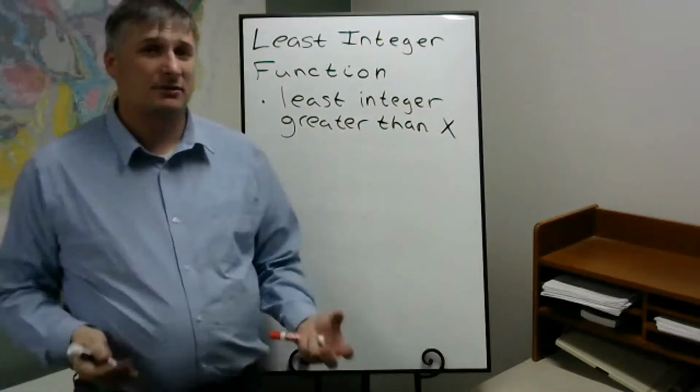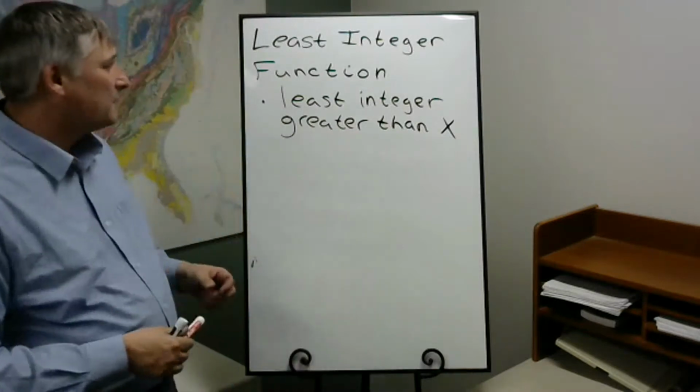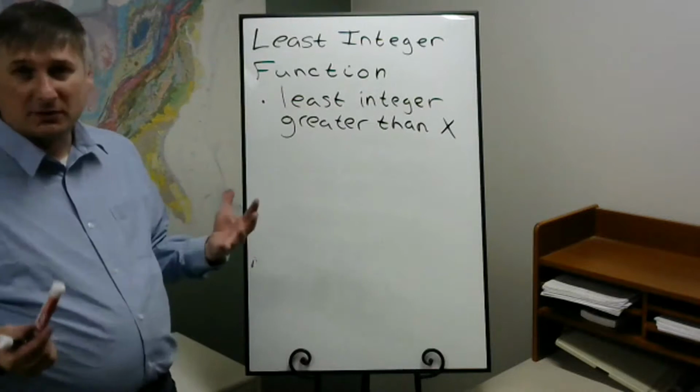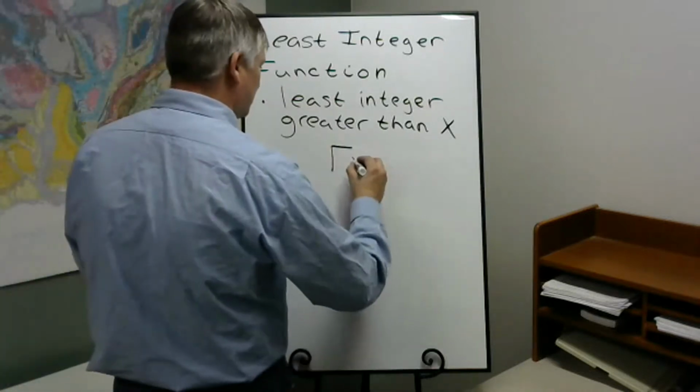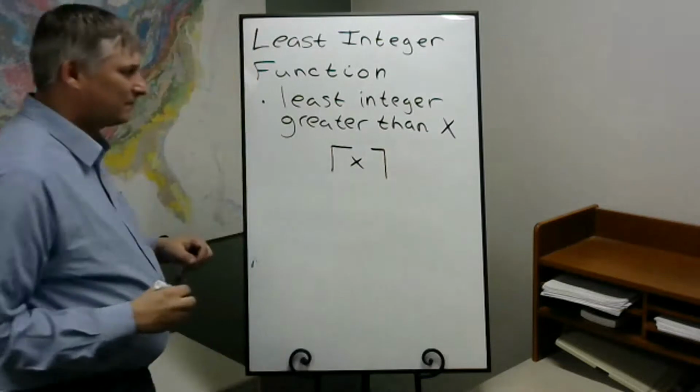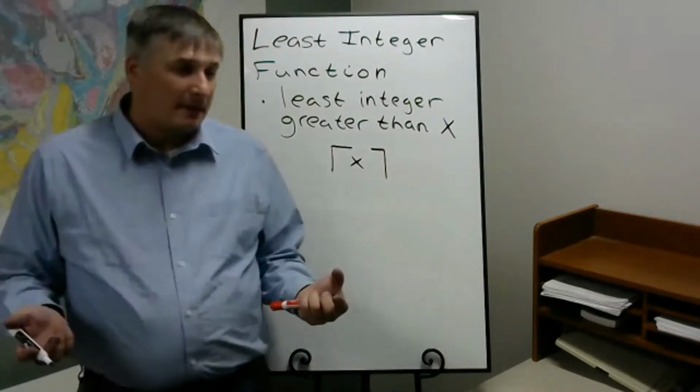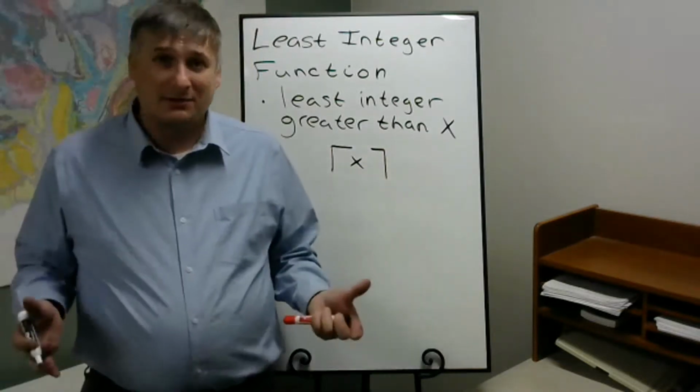So it's the least integer greater than x. So first off, what does it look like? It's represented like this. And again, we're just trying to turn everything into integers.